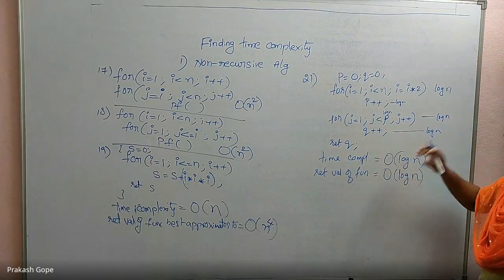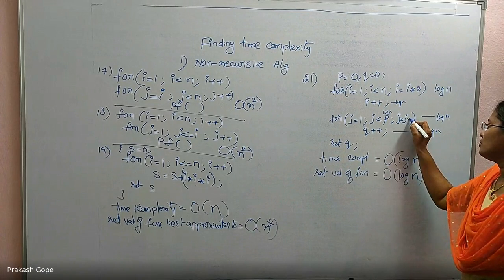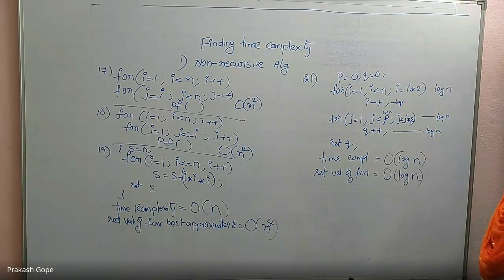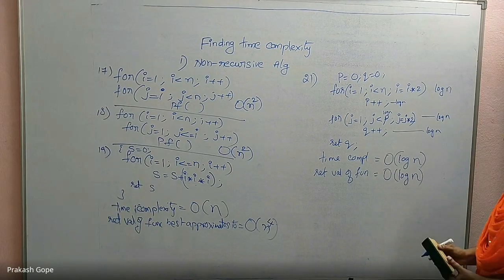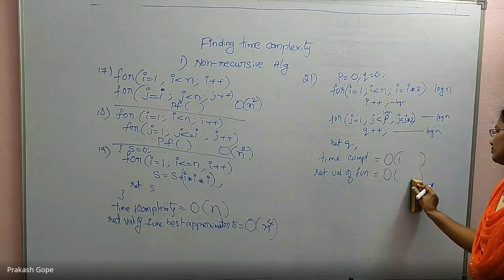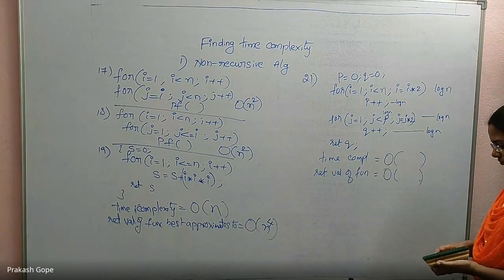Everything is same. J equal to j star 2. Small modification. What is the time complexity and what is the return value? Tell me.